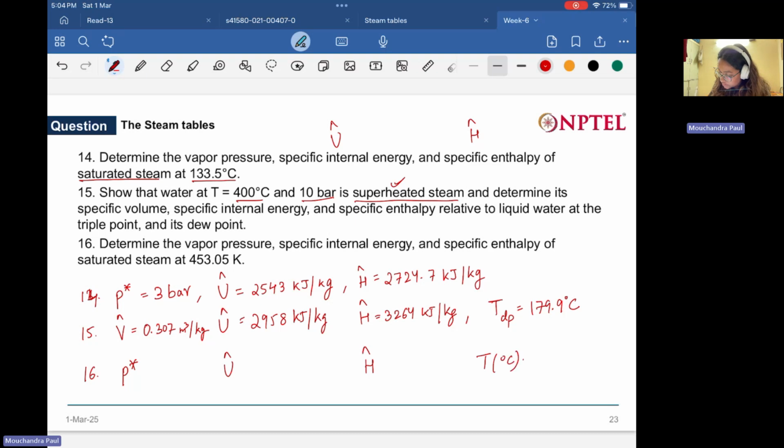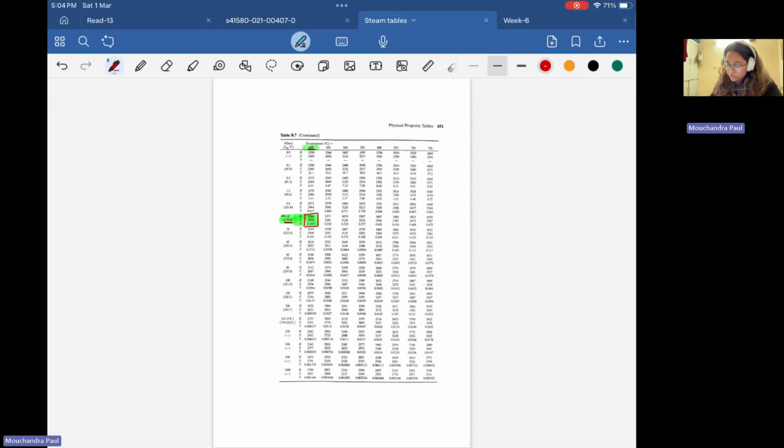Temperature in degree Celsius is basically 453.05 minus 273.15. Okay. And you should get 179.9 degrees Celsius. This is the temperature at which you have to look at the saturated steam table.